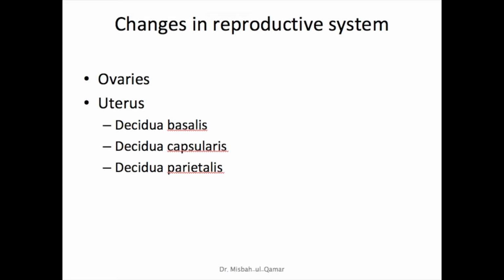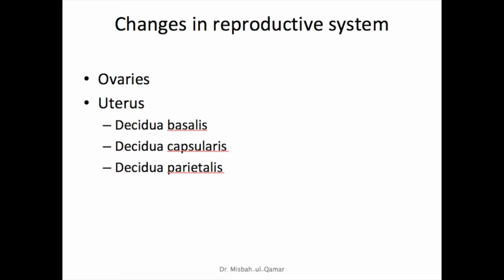Volume of uterus increases from 0 to 5 to 7 liters at the end of pregnancy, and the shape changes from pyriform to globular.